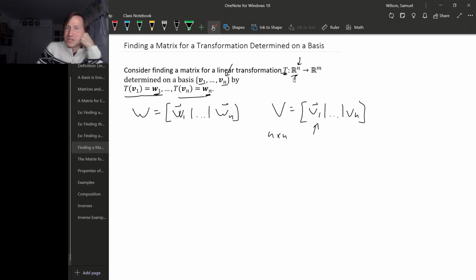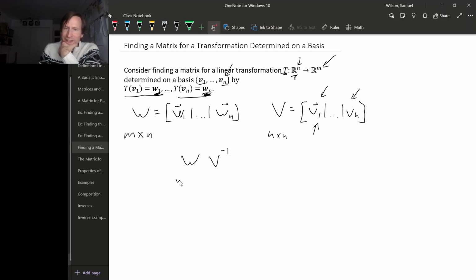It has n rows because its columns are coming from Rn, and it has n columns because there are n vectors here. W has n columns, so it's something by n. But how many rows does it have? Well, the W vectors are the output vectors, they're coming from Rm, so W must have m rows.